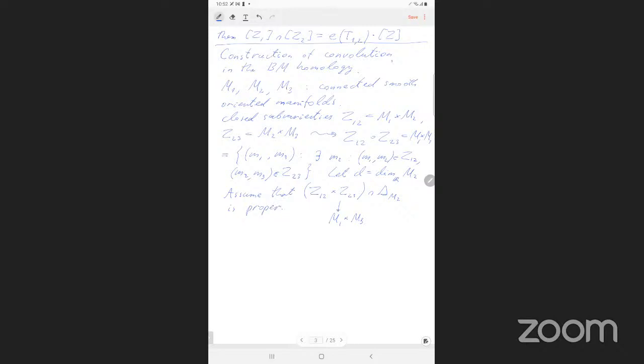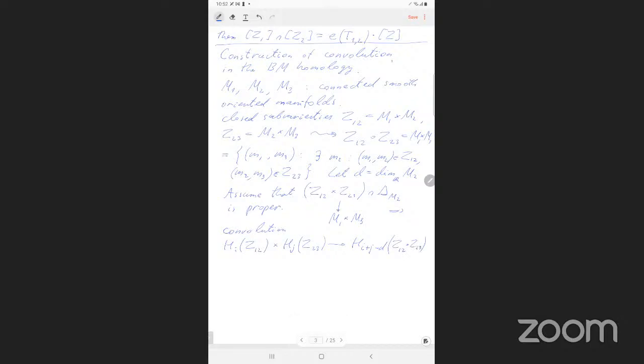Okay, so under this assumption, I have the convolution morphism from the i-th Borel-Moore homology of Z1,2 times the j-th Borel-Moore homology of Z2,3 to the (i plus j minus d)-th Borel-Moore homology of their composition of Z1,2 and Z2,3.